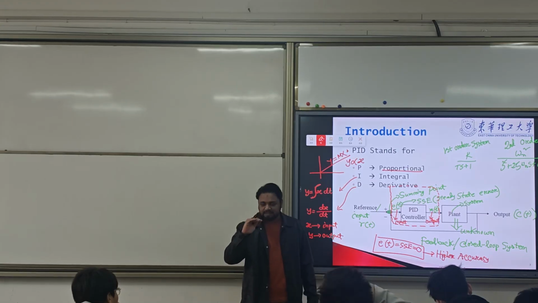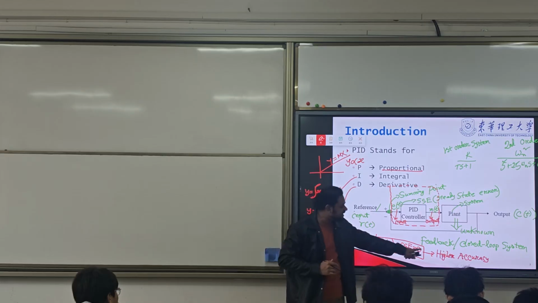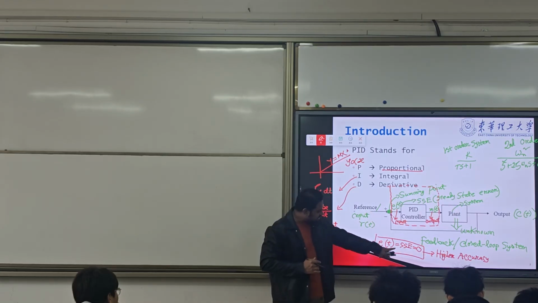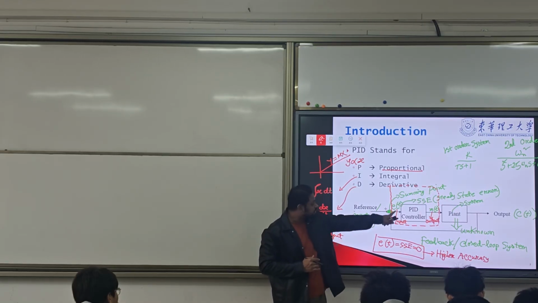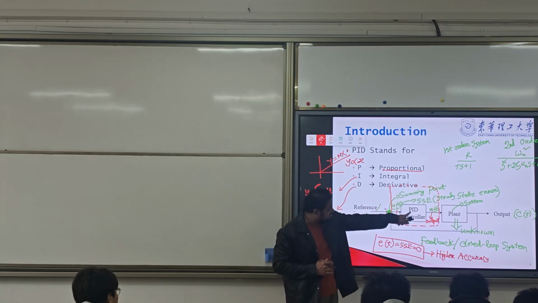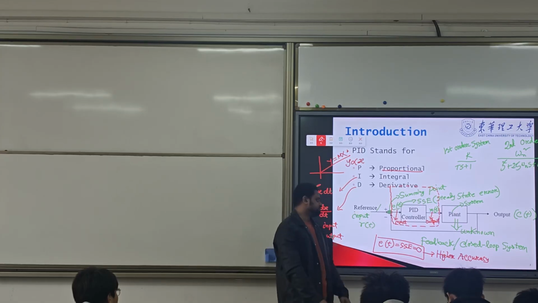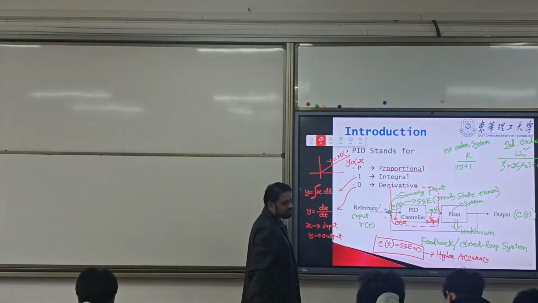To get a stable system, a good control system has to be highly accurate. That makes steady state error 0. So here this error needs to be 0 and this controller makes it 0. So that's the basic of the controller.